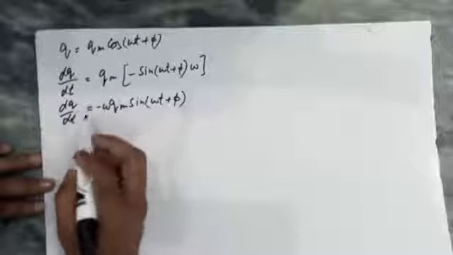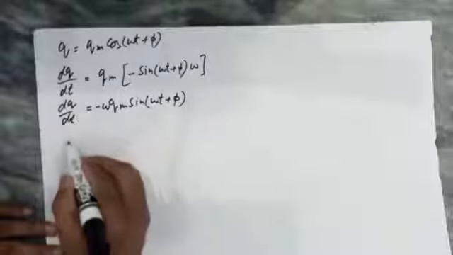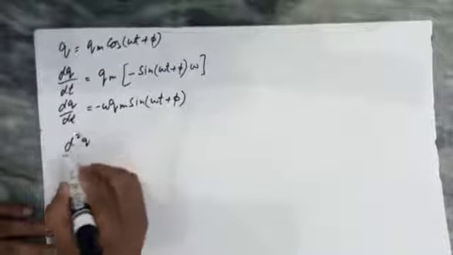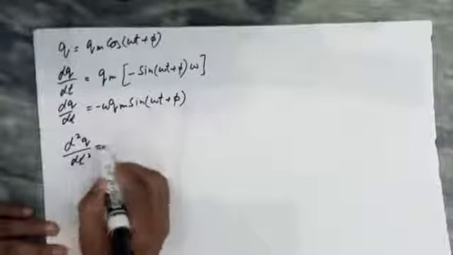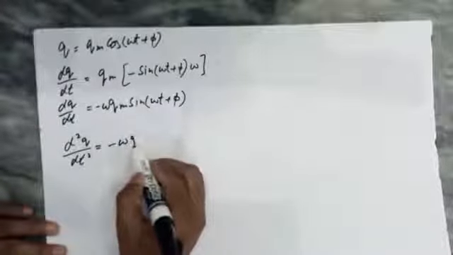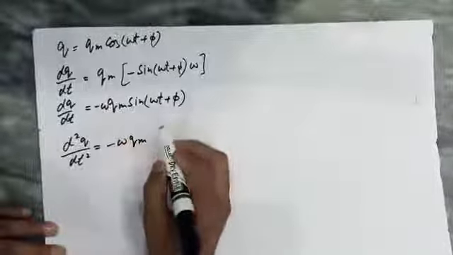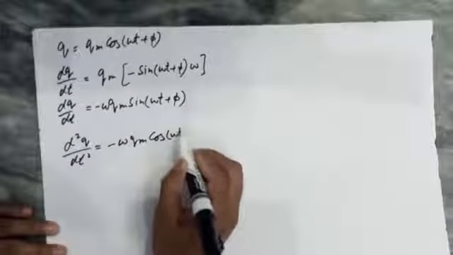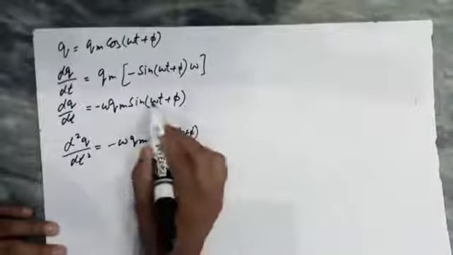Again I take its derivative with respect to time. It becomes d square q over dt square is equal to minus omega Qm. Derivative of sine is cos(omega t plus phi), and derivative of its angle becomes omega.